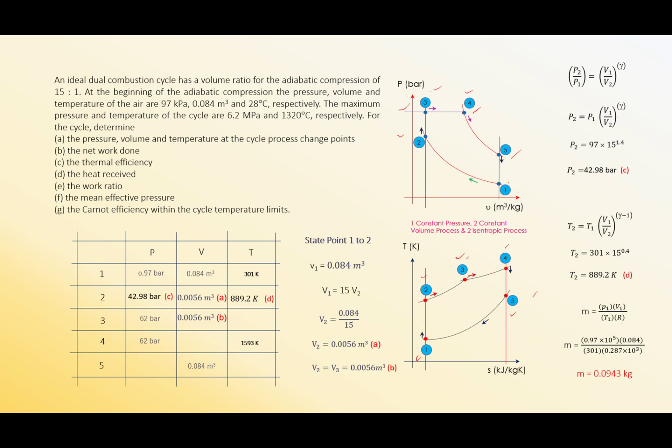Next slide. From the table, these are the data that we have got. And what we need now is point 3 here. For point 3, you can use P3V3 equals to mRT3 to find out T3, or from point 4, by using the ideal gas law, P4V4 equals to mRT4, where you have found out the mass just now.